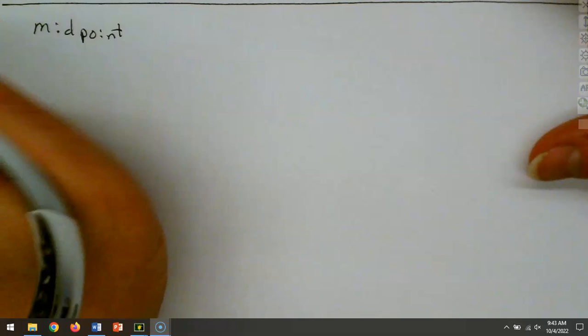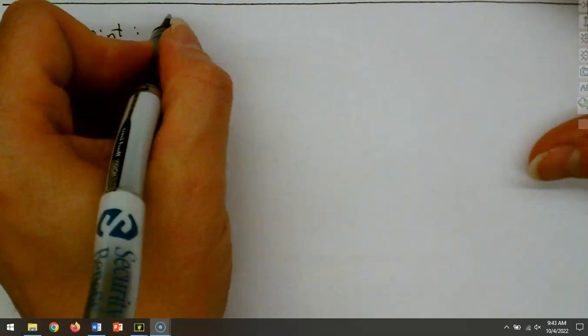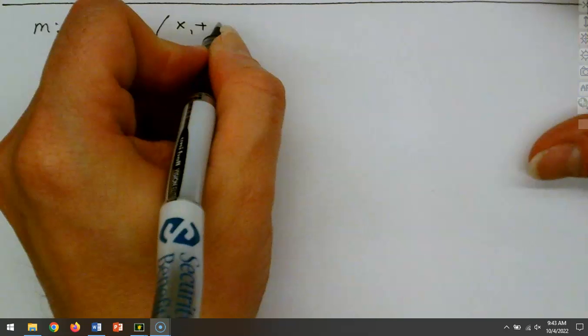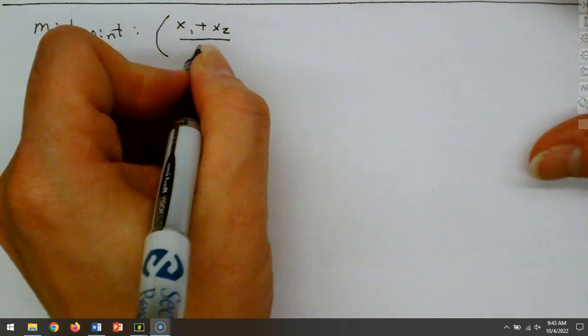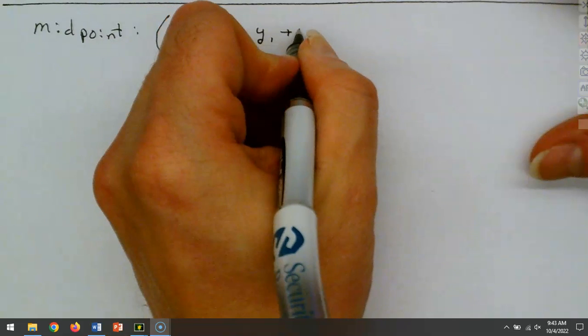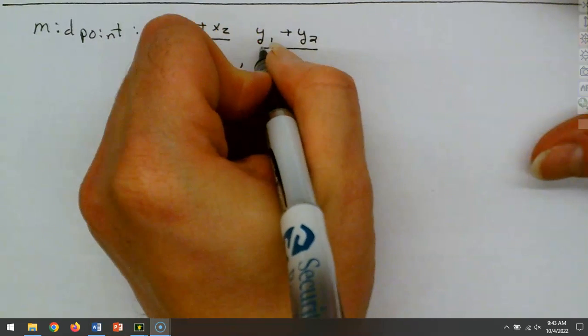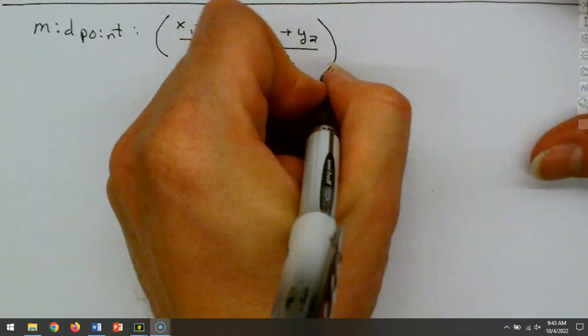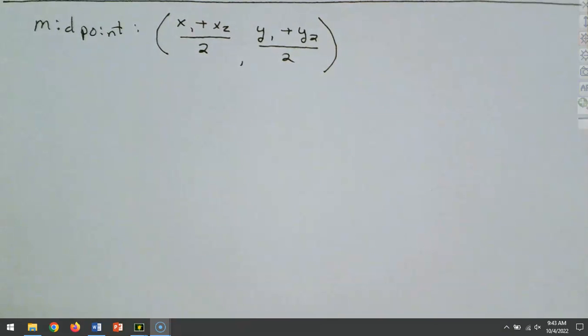We're going to work with our midpoint formula first. The midpoint formula is x1 plus x2 over 2 and y1 plus y2 over 2. Okay, so there's our midpoint formula. We'll do the midpoint formula first, and then we will do the distance formula.